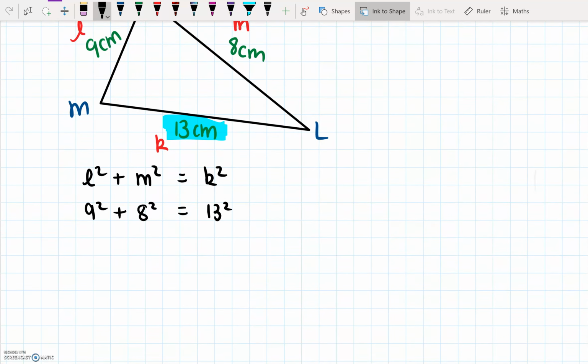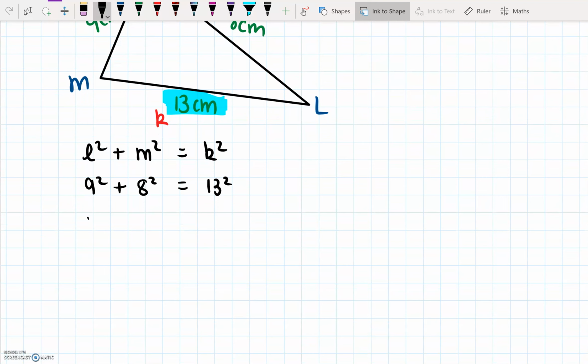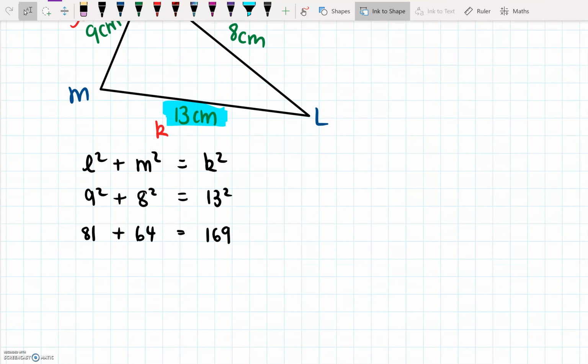Now 9 squared is 81, 8 squared is 64, and 13 squared is 169. 81 plus 64 is 145, is equal to 169. Is this true? No, it's not true. So 145 is not equal to 169 because it's not true.